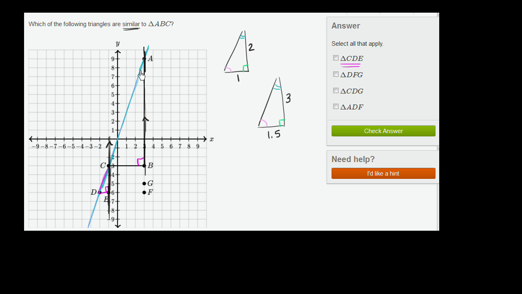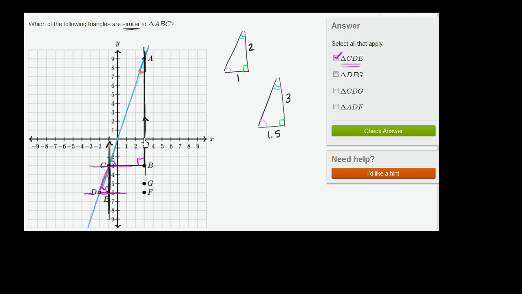So this angle is equivalent to that angle. Similarly, segment DE is parallel to BC. And if you once again look at the blue line as a transversal, this angle is going to be equivalent to that angle. So all of their corresponding angles are equivalent. So these are definitely similar triangles.